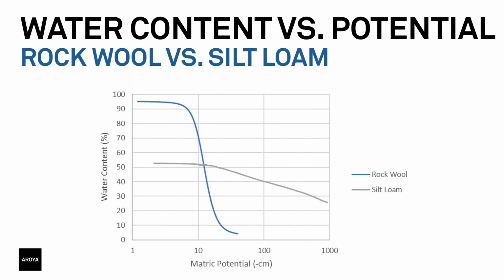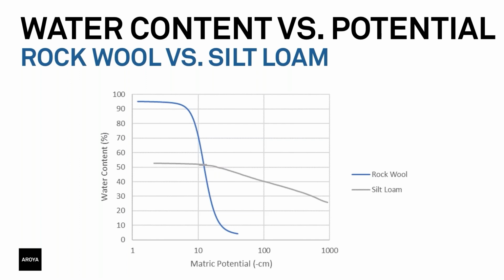Now we call these curves moisture retention curves because they show us the amount of moisture retained at each energy level. Here we contrast the retention curve of a common controlled environment substrate, rock wool, with that silt loam soil that we had in the last slide. And two things should be obvious.